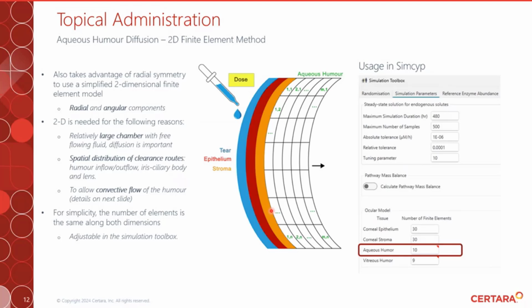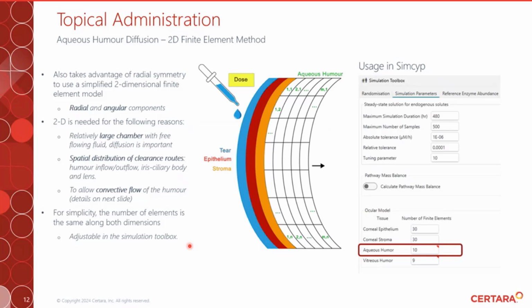So for topical administration, we've now made it to the aqueous humor. We've made it through the cornea, and this presented its own challenges, being a relatively large chamber, and then you also have spatial distribution of clearance routes. The clearance would happen, say, at the back of the humor as well as at the sides and at different spots in the side.